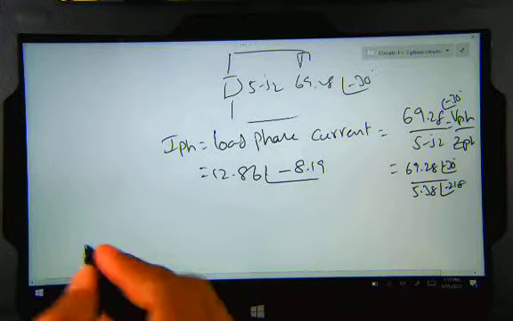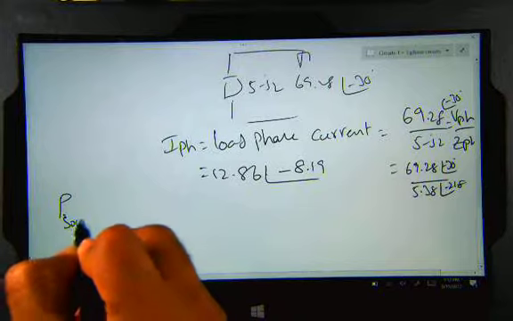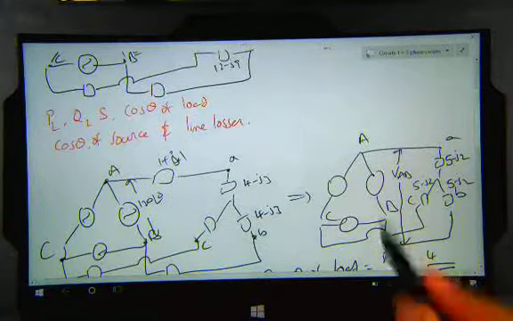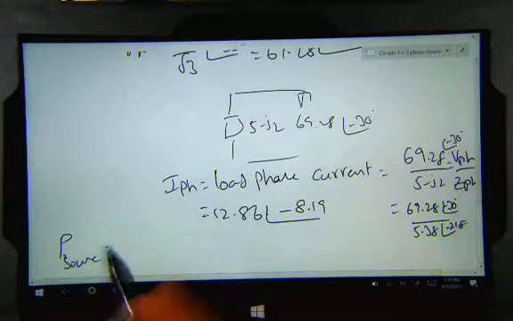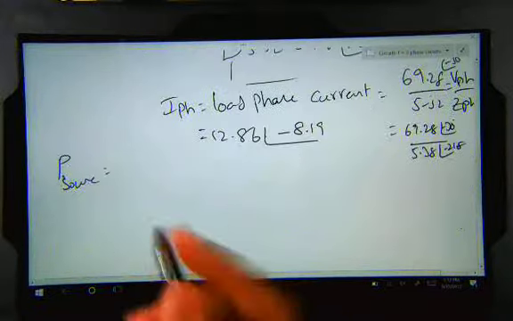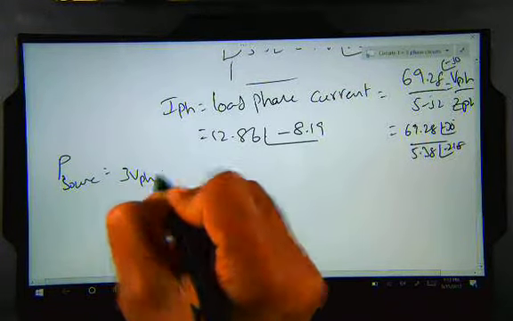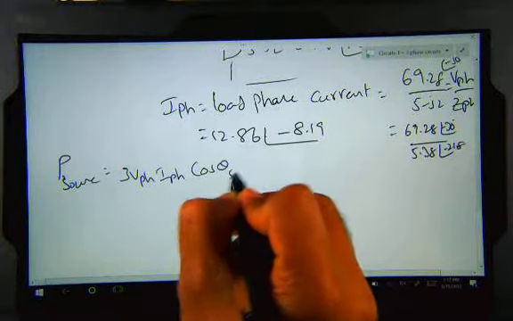Once I have the phase values, P source: what is the source power? We can find the load later on. So the source power equals 3 times VPH IPH cos theta of source.